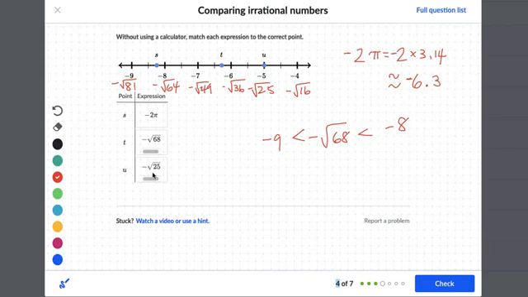And then the negative square root of 25 is already there. It's like right here. Okay, so that one's already matched up. Let's see, this one is the point between these two guys, that's S. Okay, so these two need to switch because, let's see, T is negative 6.3, which is right here. So these two gotta switch.